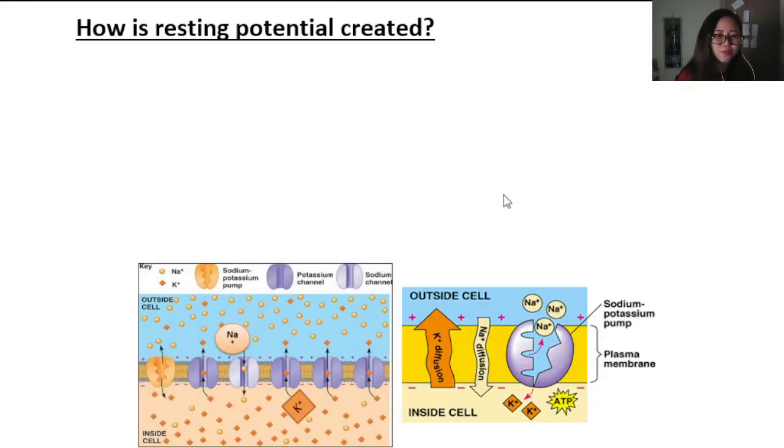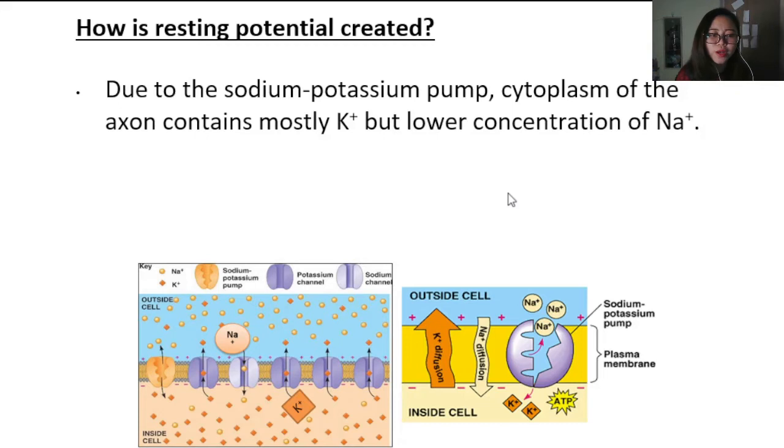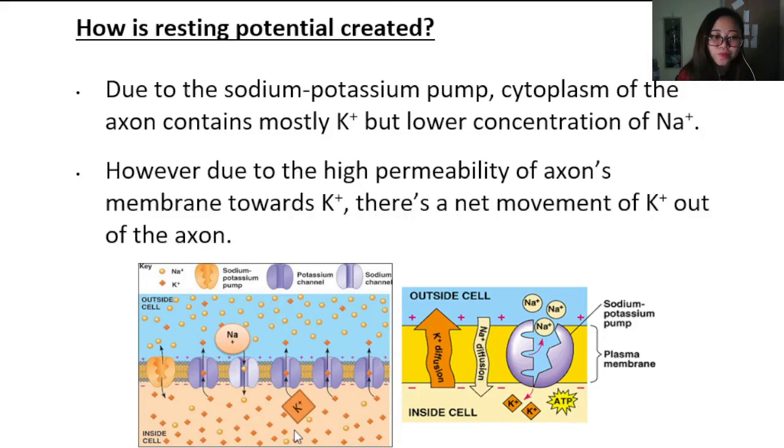How is this resting potential created? Well, it is mainly due to the sodium-potassium pump. The cytoplasm of the axon will contain mostly potassium ions, but lower concentration of sodium ions. So you can make a remark there, and as you can see in the diagram, higher concentration of potassium ions, lower concentration of sodium ions inside of cytoplasm of axon.